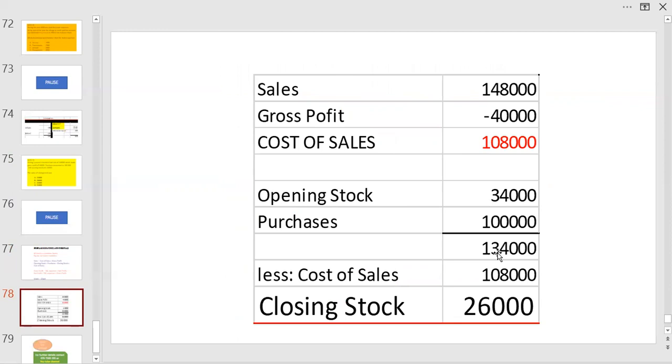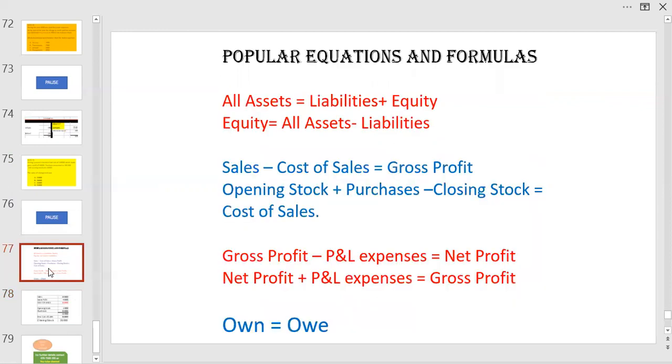So if you take these two accounts, these two revenue accounts will give a total of 134,000. If you remove the cost of sales, it has to be quite naturally stock. If you look at the formula once again, opening stock plus purchases minus closing stock is cost of sales.